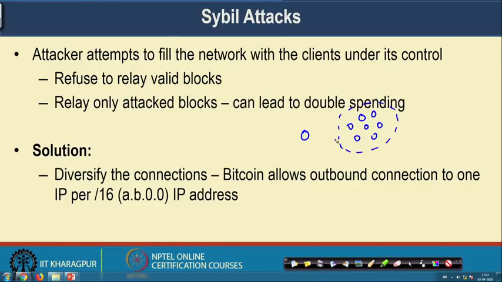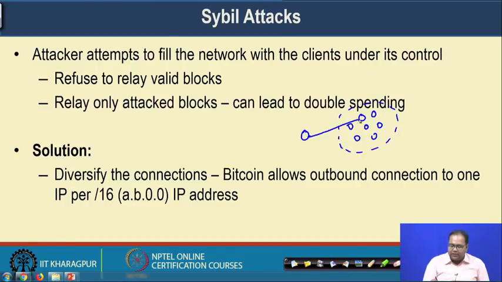In that case you just make a connection to one of the nodes in this cluster where you will forward the block, and then you can have multiple other peers where you can forward the block or the valid transaction. So, in that case it will not happen that your peers are only attacker nodes that are not collectively relaying your transaction.